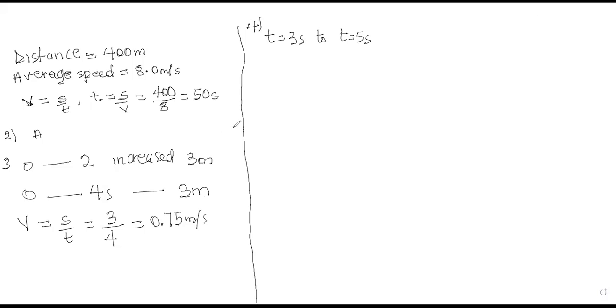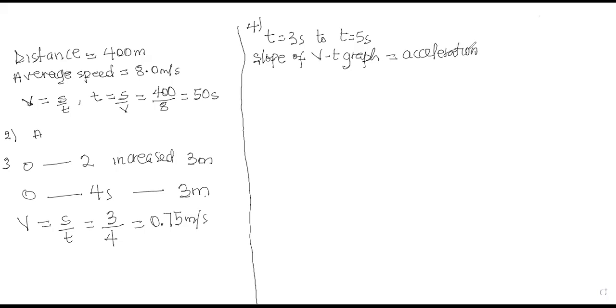For a velocity time graph, last time we saw that the slope of a velocity time graph or speed time graph would give you the acceleration. The slope of a velocity time graph is equal to the acceleration of the body.